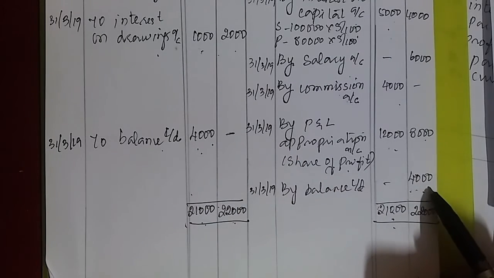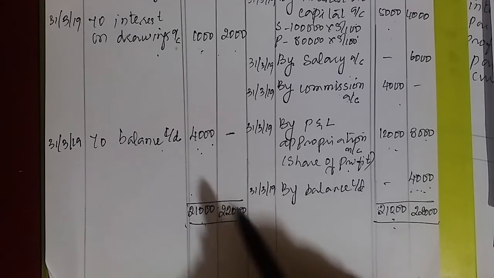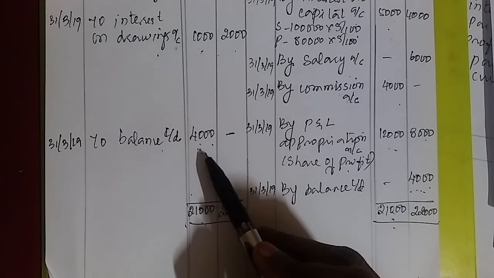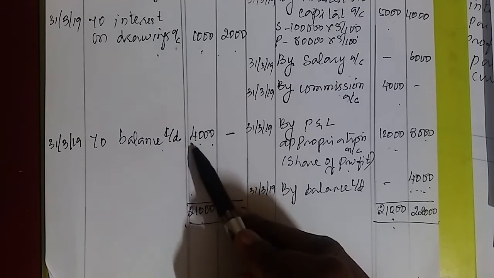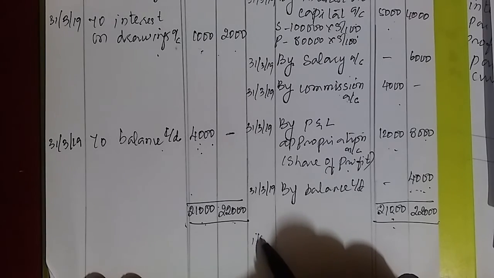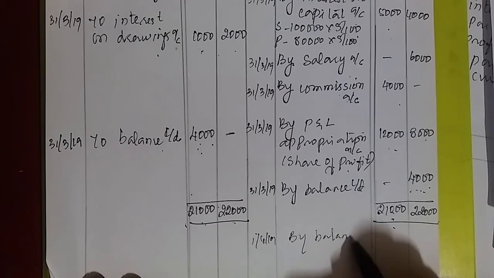This 4,000 is a deficit of Pratham. He has to bring this 4,000 and pay to the firm. But this 4,000 is surplus to Sachin. So this will be taken by Sachin. Got? Yes. So one value on 1/4. Here we have to transfer.